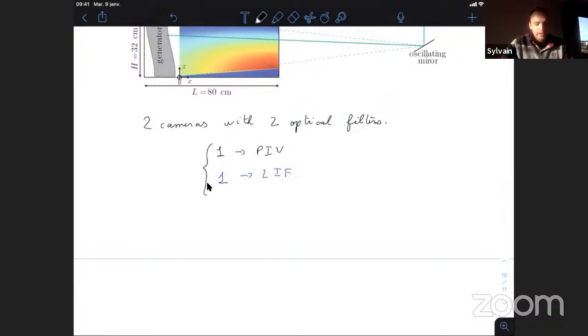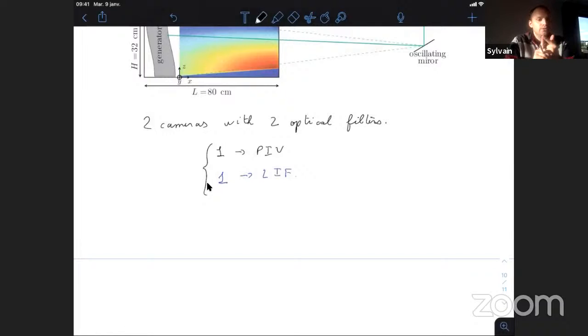When I said I need an optical filter for PIV, it's because when you do the experiments, you have dye and particles.